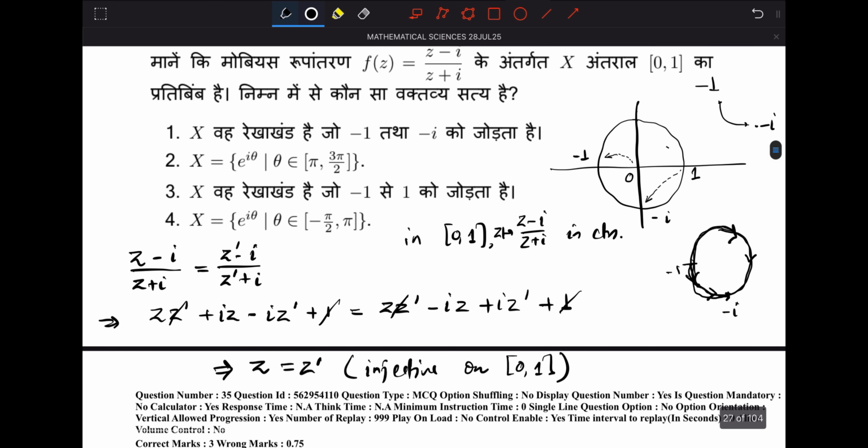So look at the picture on the circle. The image is a continuous path joining minus 1 to minus i.